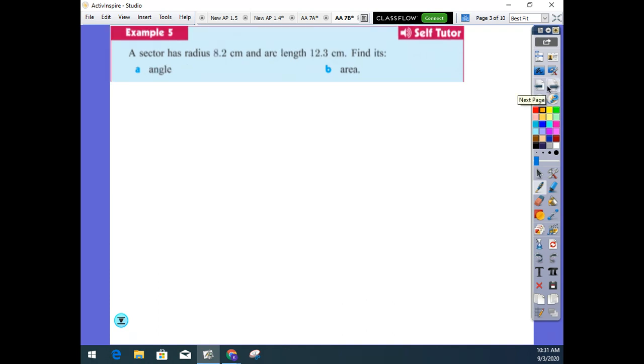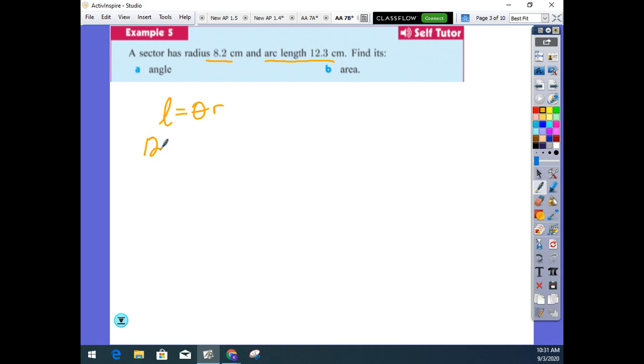The last example gives you the radius and the arc length. So you're going to work your way backwards. We always will use the radian formula unless it says it's in degrees. And sometimes I would just change it. If you get degrees, I just convert it into radians and then use the radian formula. Just easier. So we know that the arc length formula is the angle times the radius.